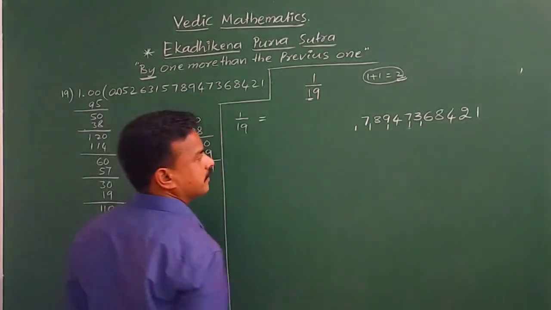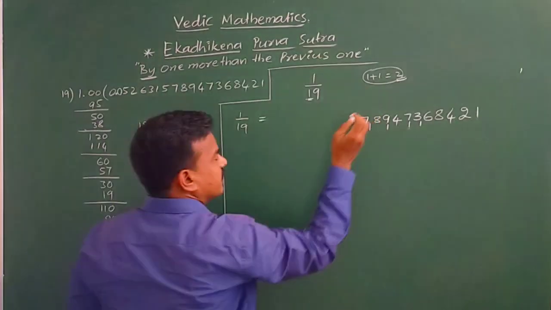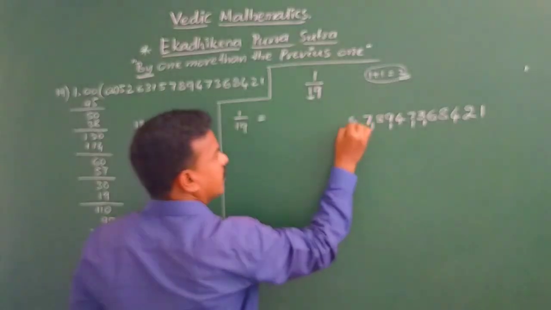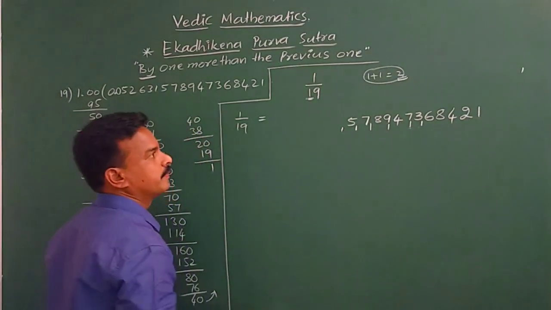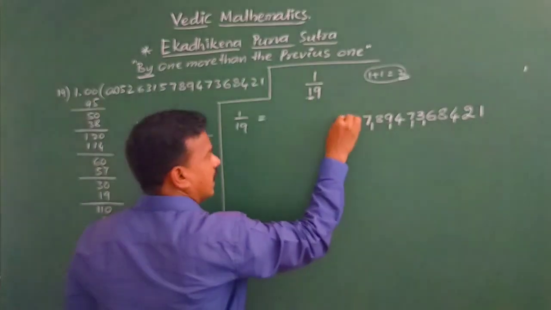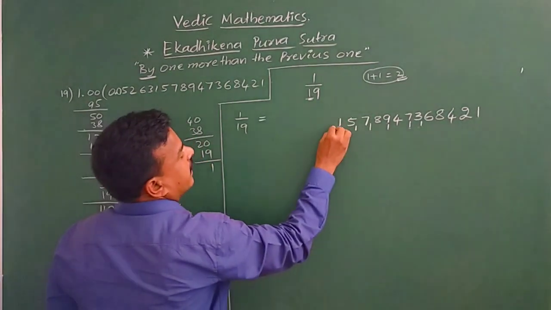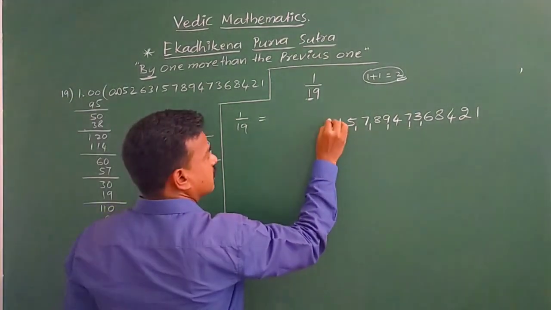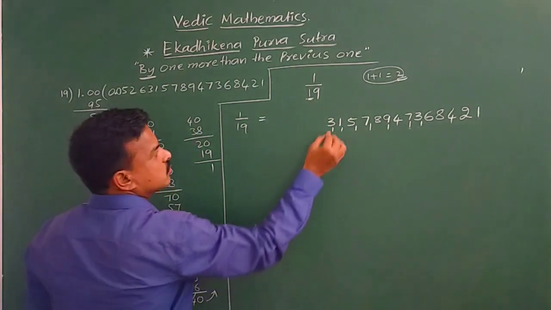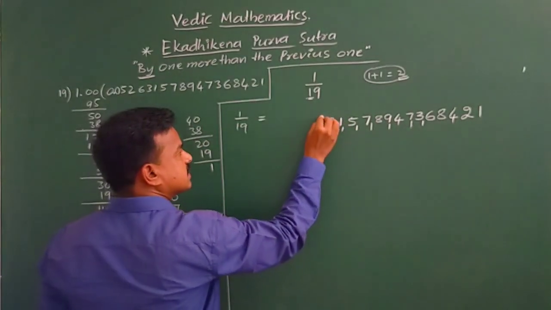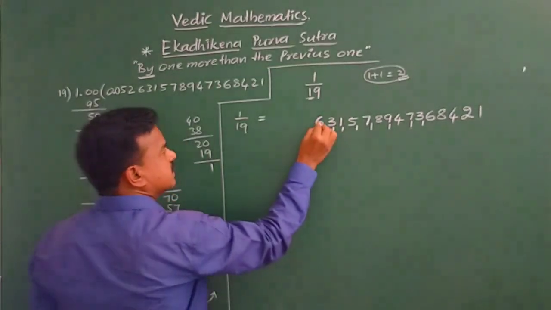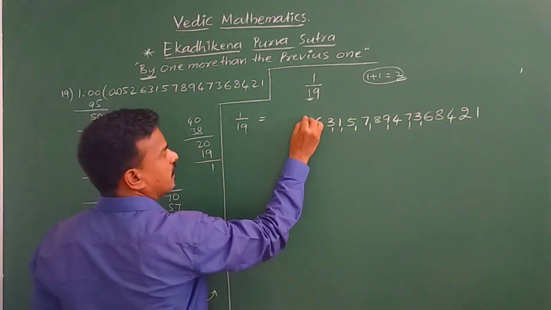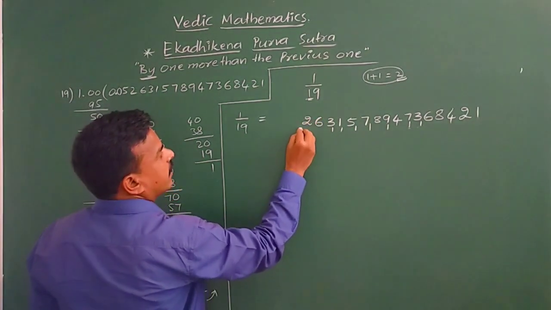You write 7, carry 1. Next 2 sevens are 14 plus 1, 15, write 5 and carry 1. 2 fives are 10 plus 1, 11, and carry 1. Next 2 ones are 2 plus 1, 3. Next 2 threes are 6. 2 sixes are 12. Write 2 and carry 1.